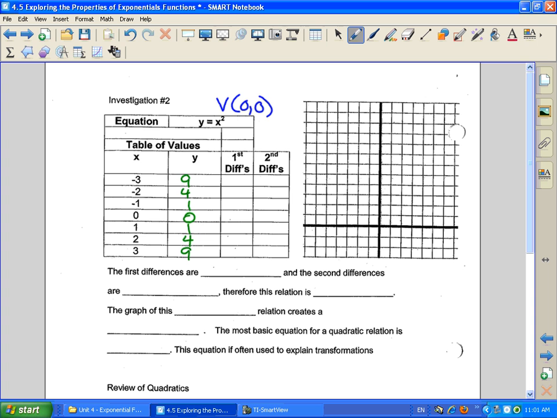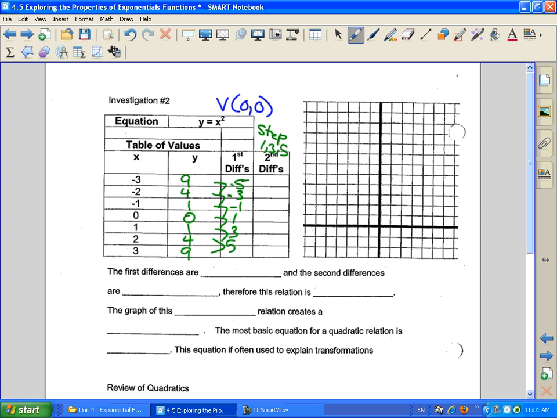Taking a look, we do the first differences to start with. 9 subtract 4 is 5, and then 3, and then 1, and then -1, and then -3, and -5. Notice the first differences show your actual step pattern. So that tells us our step pattern is 1, 3, 5. That makes sense, folks, because a equals 1 in this case.